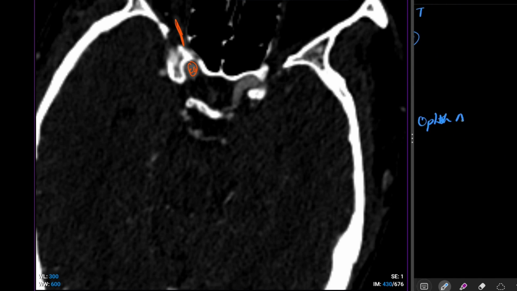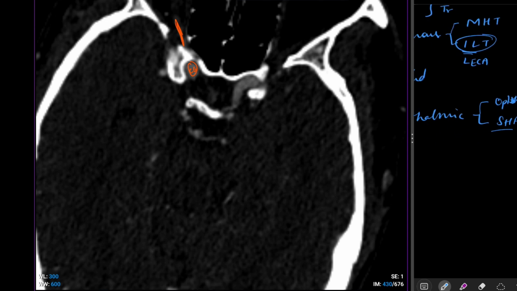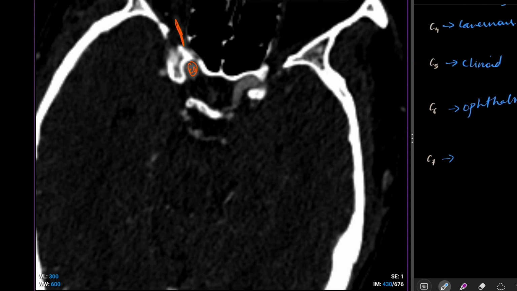As the name is self-explanatory, it arises from the sixth part of the ICA and supplies the superior part, that is the anterior pituitary lobe, the infundibular stalk, and also a bit of the optic chiasm. Then it ends finally via the C7 segment, which is also called the communicating segment. The communicating segment is the last part. Since it is an odd-numbered segment, it does not give any branches.